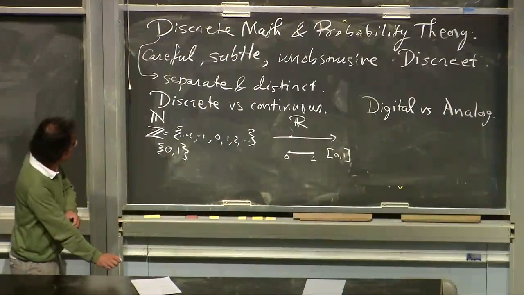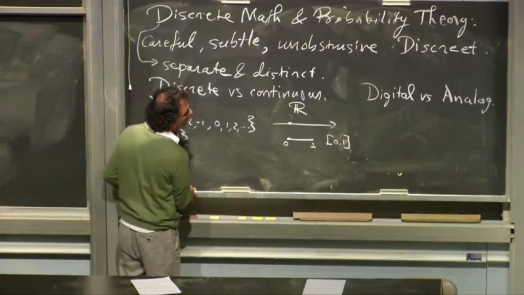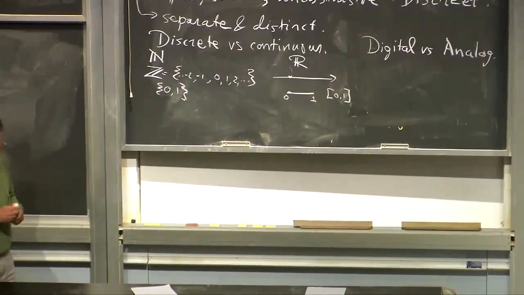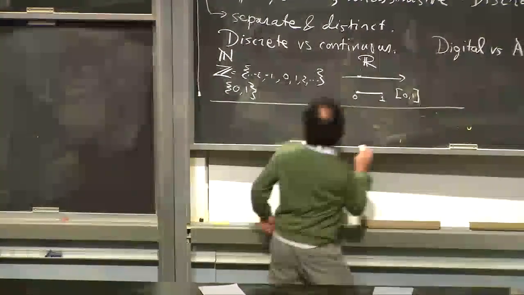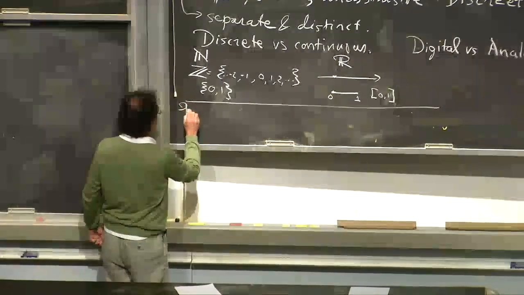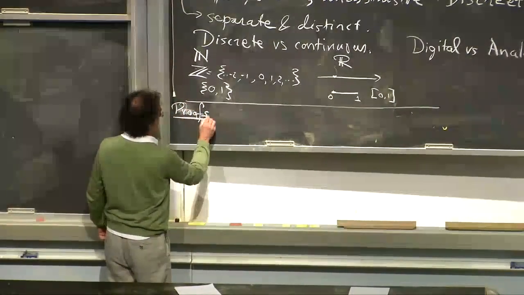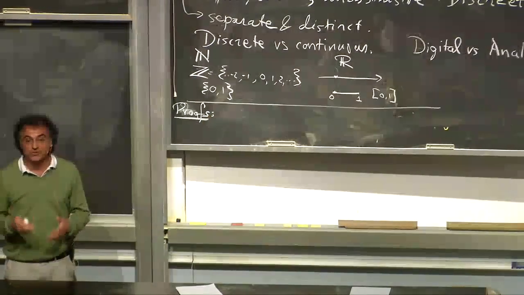All right. Now, there's another thing that we're going to be doing in this course, which is we're going to be talking about proofs. Okay. Proofs are a way of telling whether something is true or false.